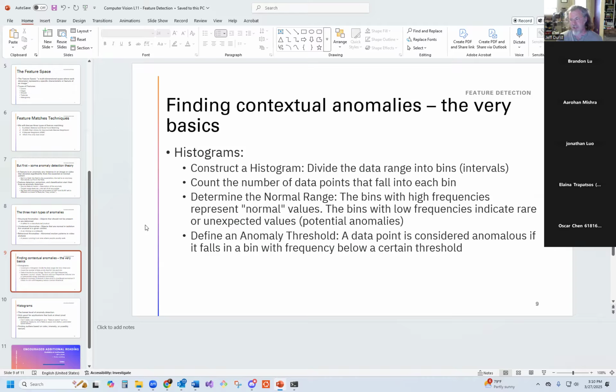So we have all these low frequency bins lying outside of our histogram, and then we just slap a threshold on it. If the number of times this thing shows up in the image is way lower than everything else, then I'm going to say all of the things in that bin are anomalies, and I'm going to go look for them.